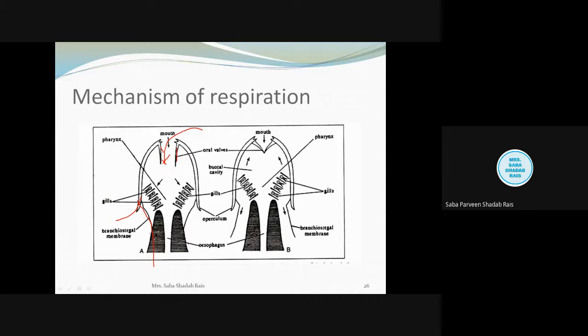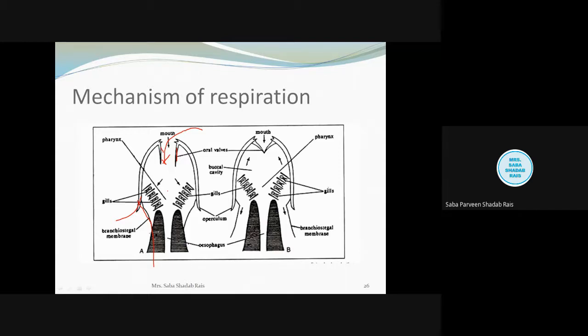Because when this operculum is raised, at that particular time only water can enter, and raising of this operculum closes the branchiostegal membrane or gill rakers, and from here the water, or you can say the living side of the water, is closed. So there is only one opening, and there is a suction also, so water will enter inside the body.